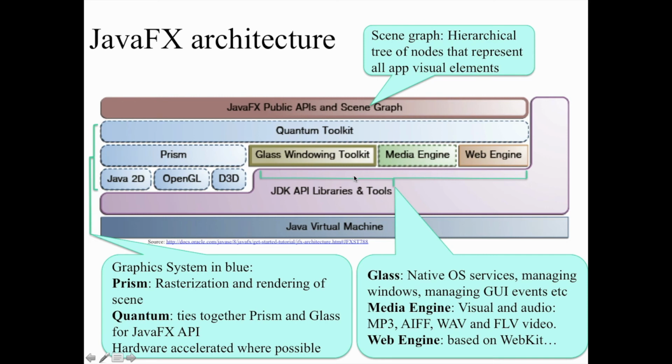And then all of this sits on top of the standard JDK API libraries and tools. I forgot to mention we also have over here support for 2D graphics, 3D graphics, and the OpenGL standard. And there's the Java Virtual Machine at the bottom there.